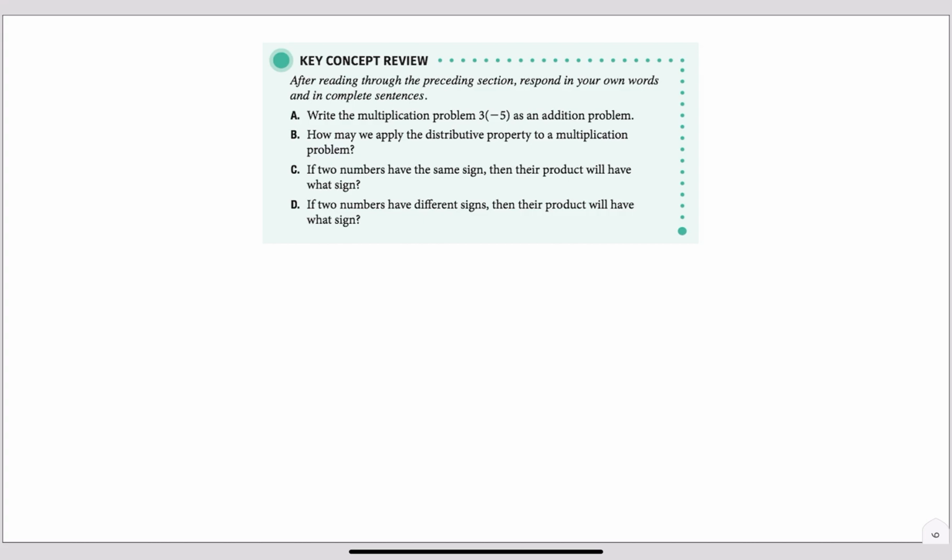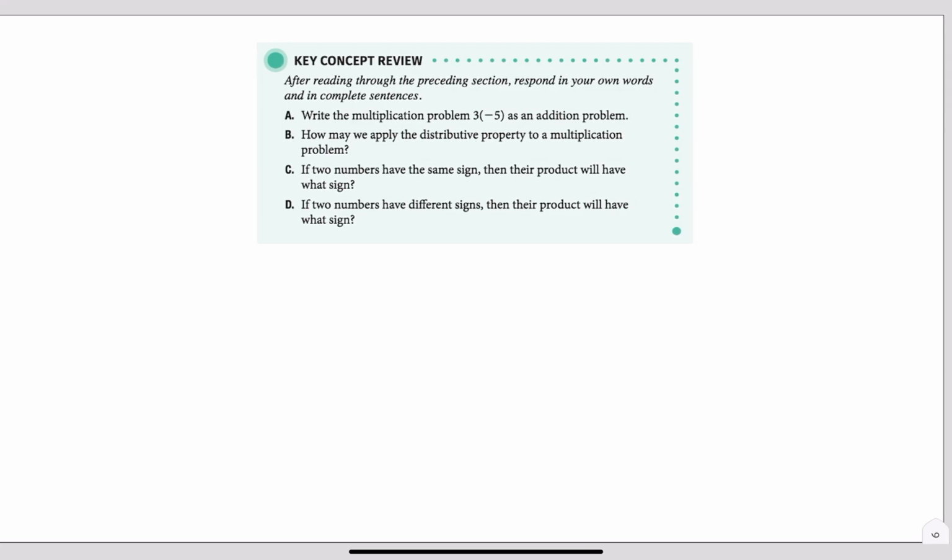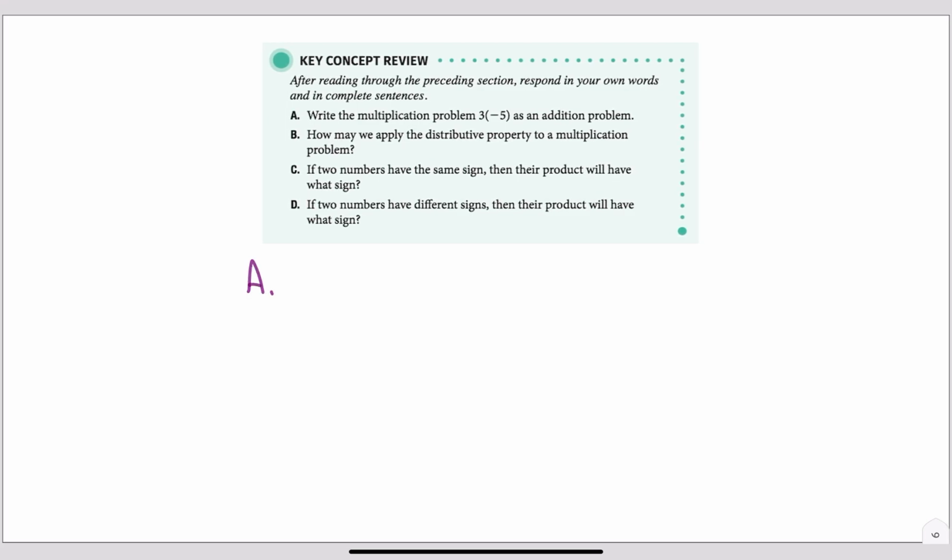So these are the key concepts. So you can take a second, pause this, answer them yourself, and then we can look at them together. So for A, write the multiplication problem 3 times negative 5 as an addition problem. So write this as addition.